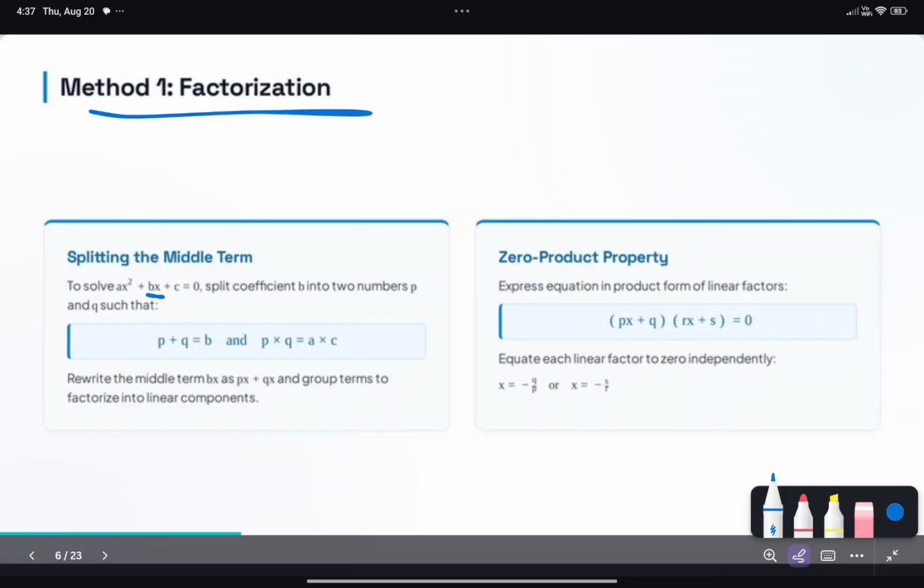P plus q must be equal to what? B. Yes or no?